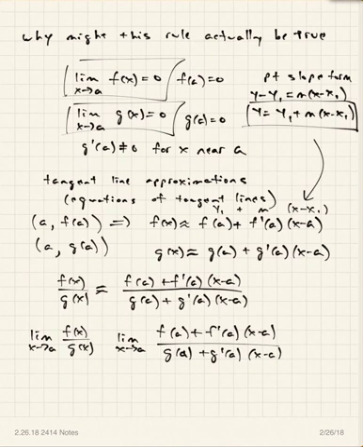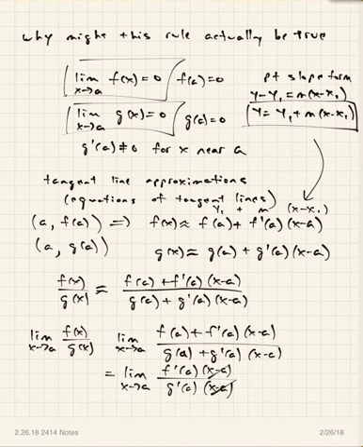And so what do you have here? Sure enough, there's f of a and g of a in this fraction. And so you have that this has got to be equal to the limit as x approaches a of f prime of a times x minus a over g prime of a times x minus a. And then what happens? The x minus a's divide out.